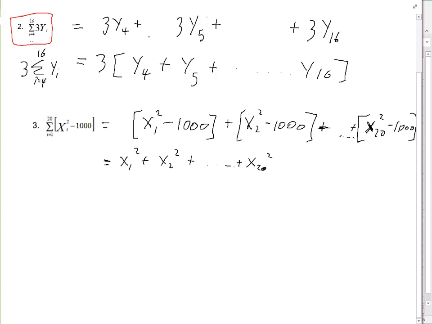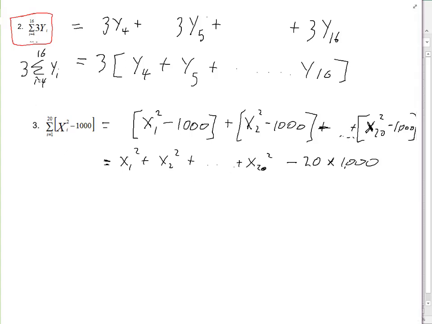So you're going to have all those squared things, but then you're going to have to take away 20 lots of 1,000, because there are 20 lots of 1,000 here. So you can add the thousands together and subtract those at the end.